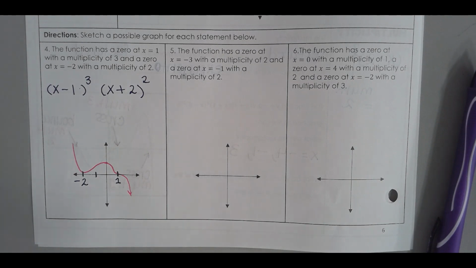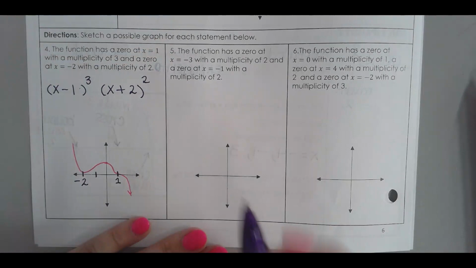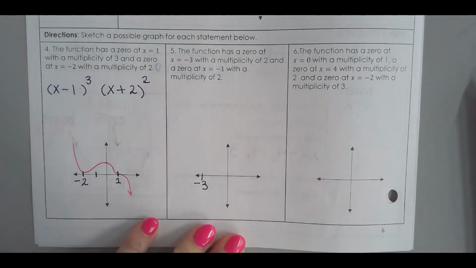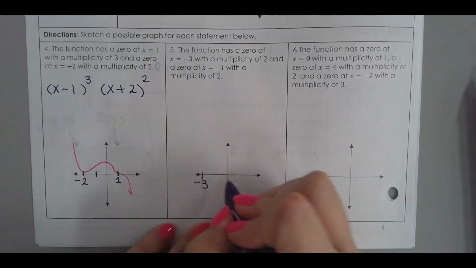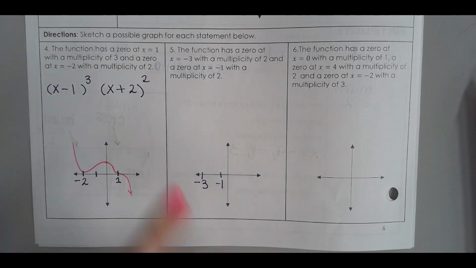Okay. Number 5, the function has a 0 at x equals negative 3 with a multiplicity of 2 and a 0 at x equals negative 1 with a multiplicity of 2. So draw what you think that graph could look like.